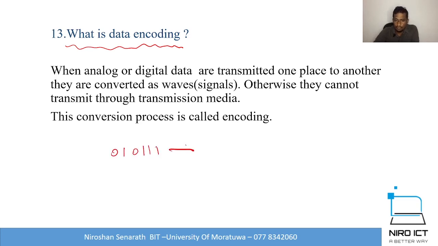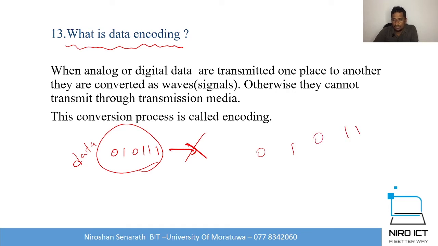If you want to transmit this data through the transmission media, you cannot do it as data. But if you convert this data into signals by using some mechanism, that is called encoding. Low voltage places, high voltage places. When you draw this diagram, it is called a digital signal, right?